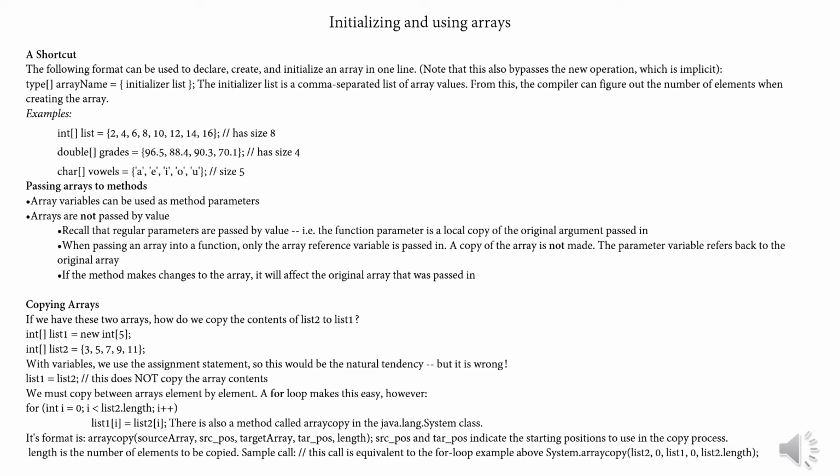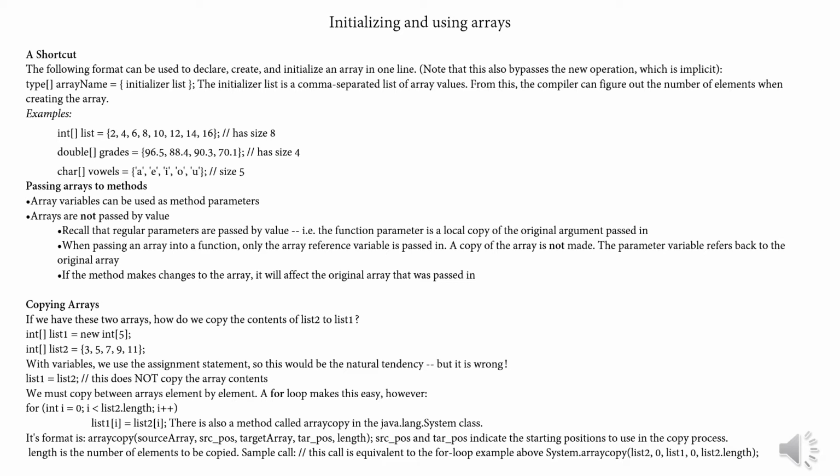The name of this array is list, the type of elements is integer, and the elements are 2, 4, 6, 8, and so on, inside the braces and separated by commas. The size of this array is 8, which means it has 8 elements.